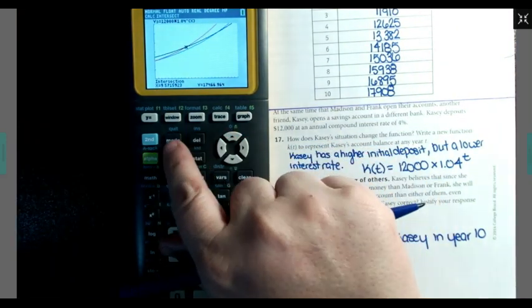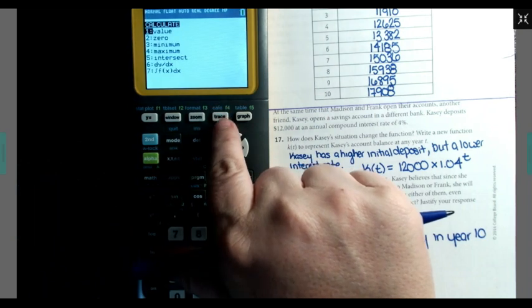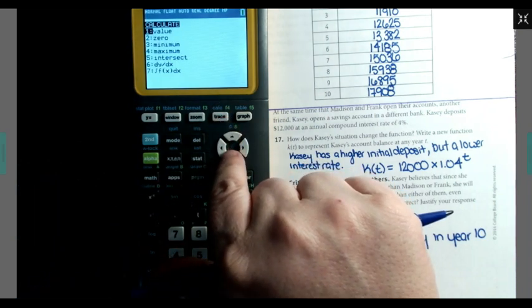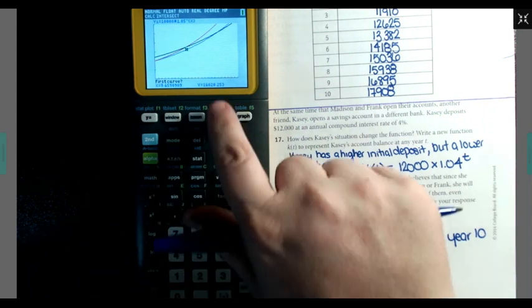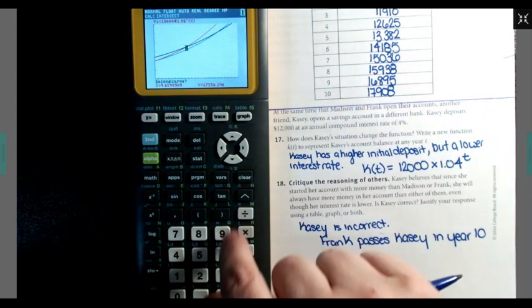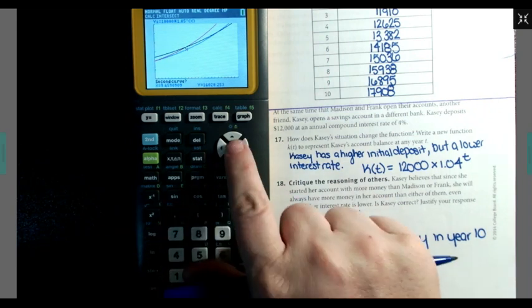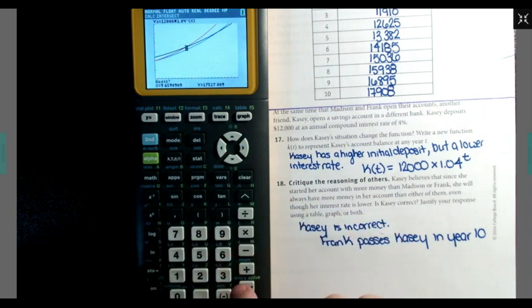Let's take a look at the other two. I want to see where Madison and Casey actually pass each other. So we'll look for their intersection. I'm going to look at Madison, which was 1, and Casey was 3.